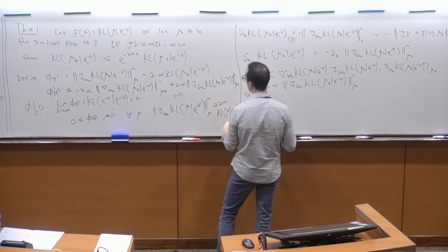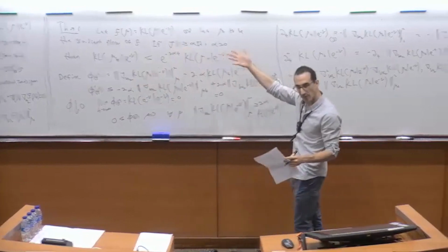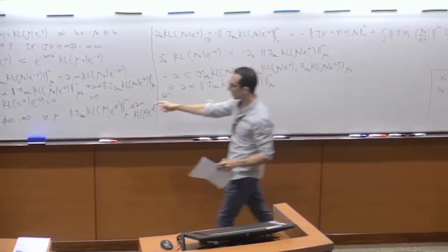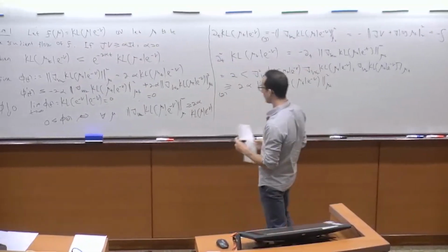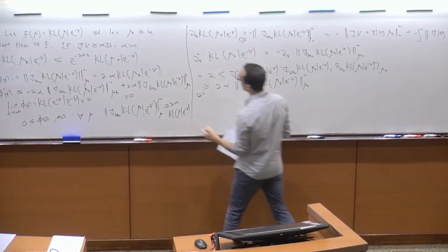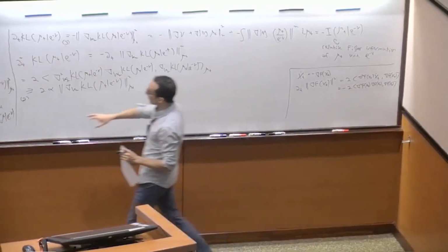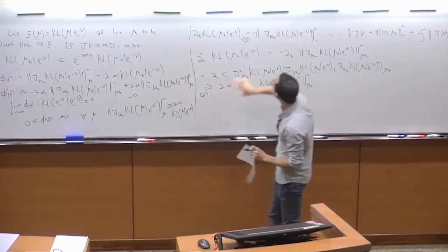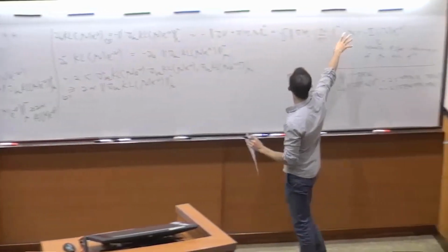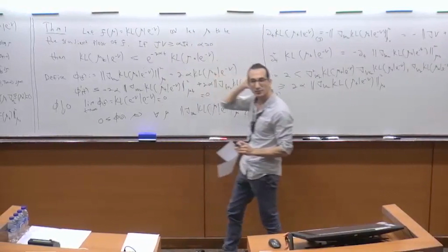Here, we're evaluating the thing at time 0, so mu of 0 can be whatever mu I want, so I just plugged it in. So now you do get the differential inequality, because you can plug this inequality into here, and you get exactly the type of differential inequality that would lead to exponential convergence.